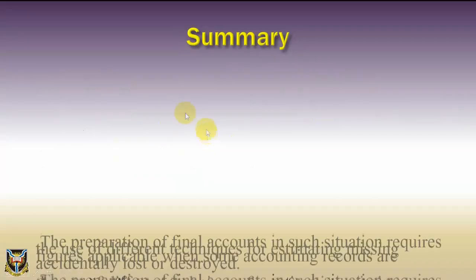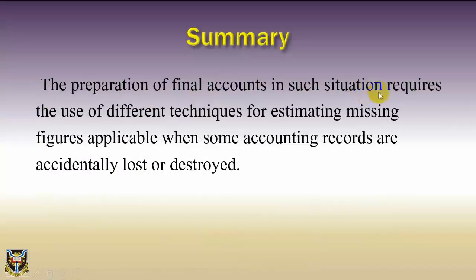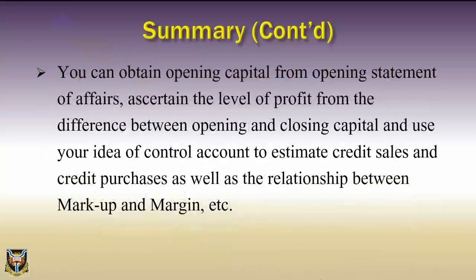The preparation of final accounts in such situations requires the use of different techniques for estimating missing figures. These techniques are also applicable when some accounting records are accidentally lost or destroyed, and also in estimating stock loss and insurance claim. You can obtain opening capital from opening statement of affairs.